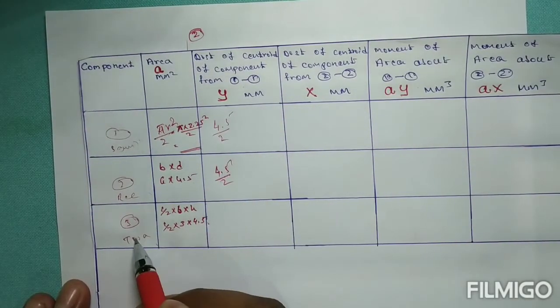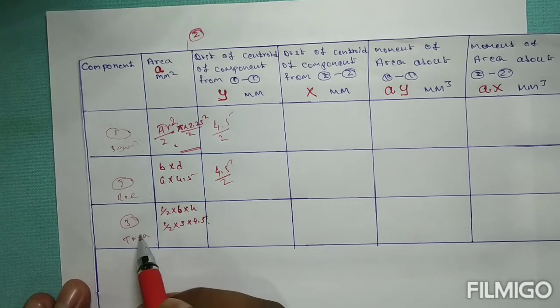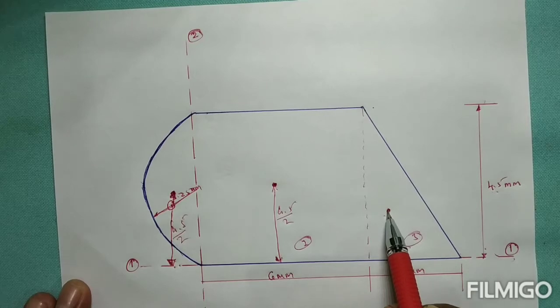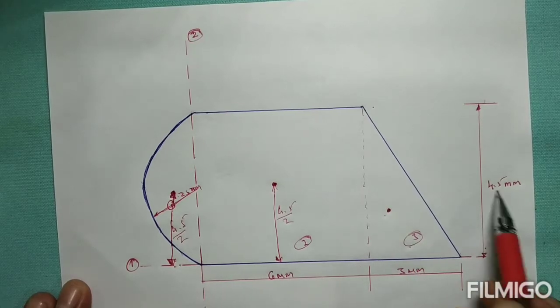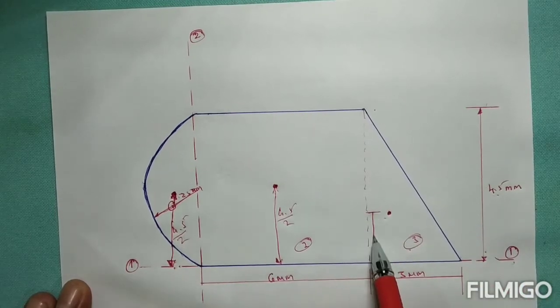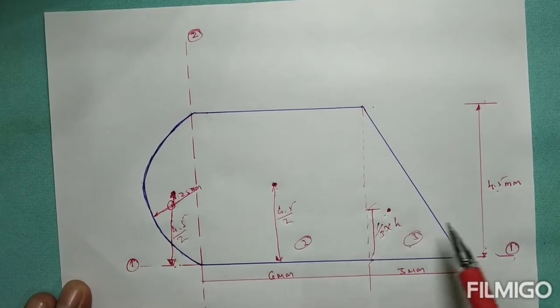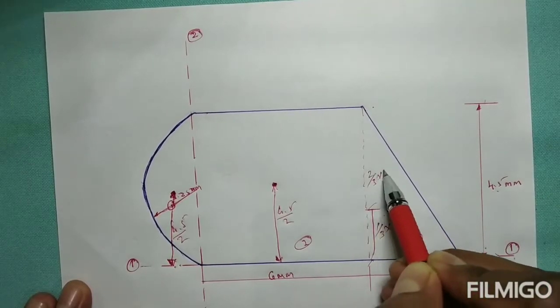Next we are moving to the triangular section, you can see here the third component. For the triangular section, we know the CG will be here. From the derivation we know this will be 1/3 of height, and that will be 2/3 of height.